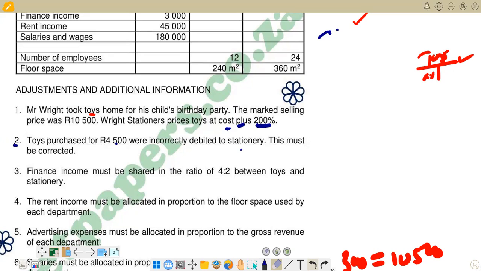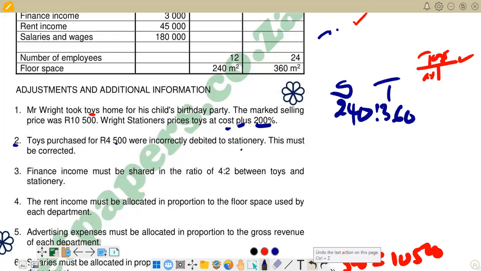Right. So what we have there is 240, and this is representing our toys, and then we say 360, and this is representing our stationery. So 240 is the first one.